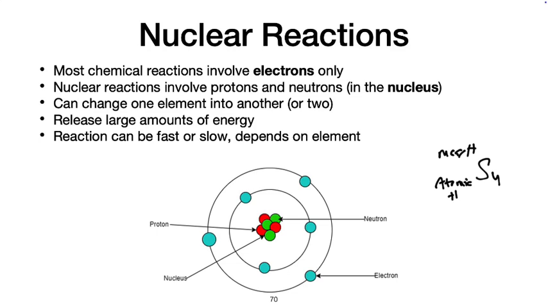That reaction, when we're changing our nucleus, can happen either slow or fast. What's going to dictate it? Well, the element, a little bit. What about the element is going to dictate it? What things are in the nucleus? Protons and neutrons. So what's going to dictate whether it's slow or fast?